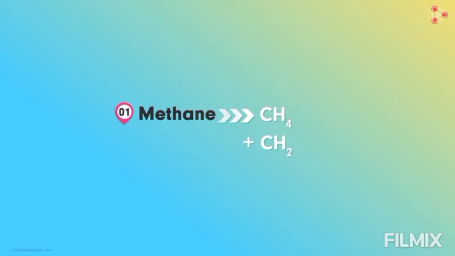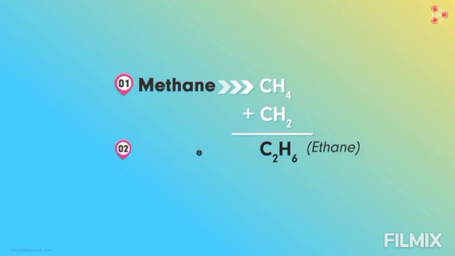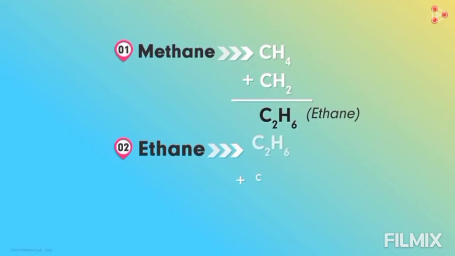Methane is the basic alkane. CH4 is the formula for methane. When we add a CH2 group to methane, we get C2H6. That is 2 carbons, so it became ethane.